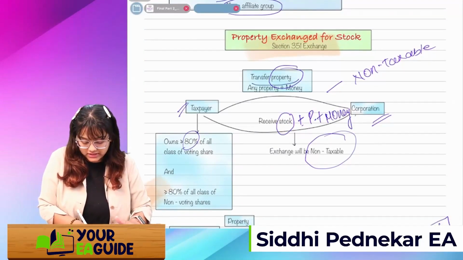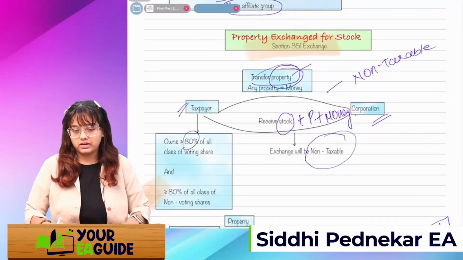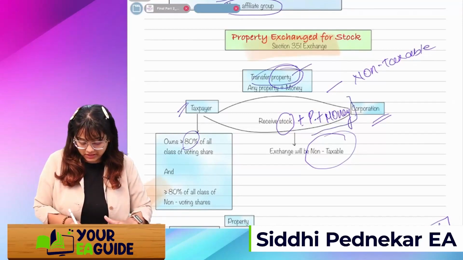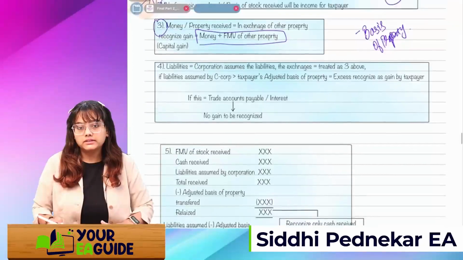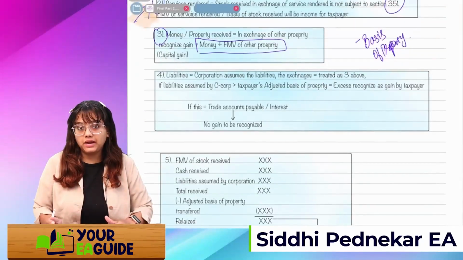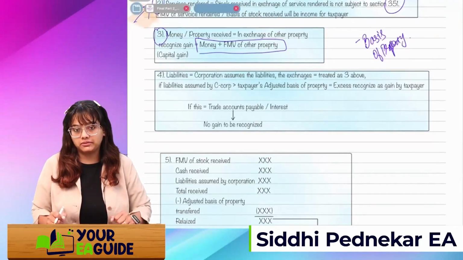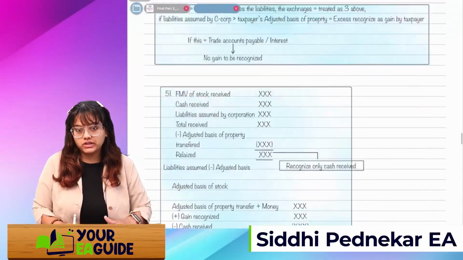So whatever is given up, I'll not take into consideration. But whatever property and money I am receiving, I'll take the FMV of it and recognize that as a gain. We'll see the calculation over here, it will be more clear.